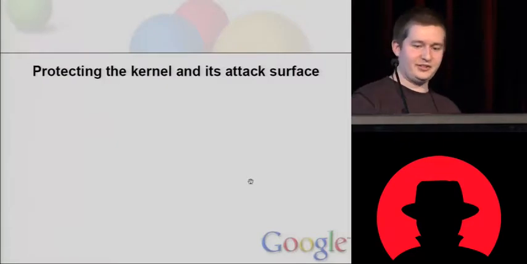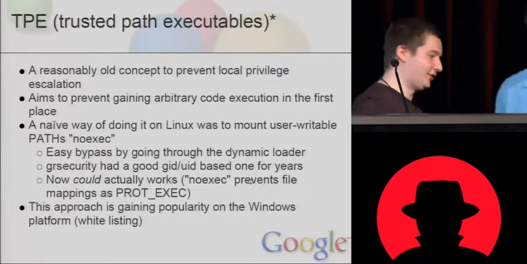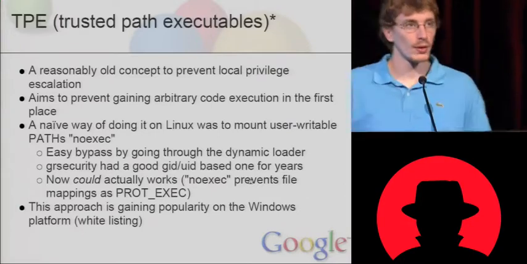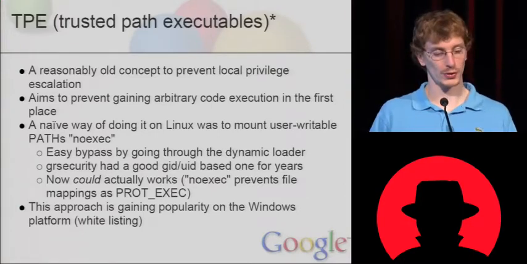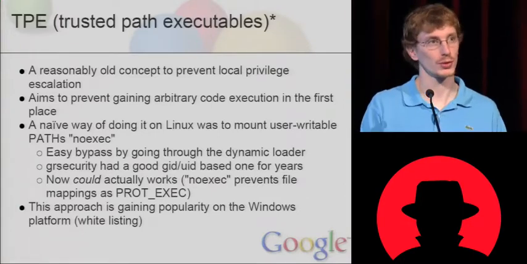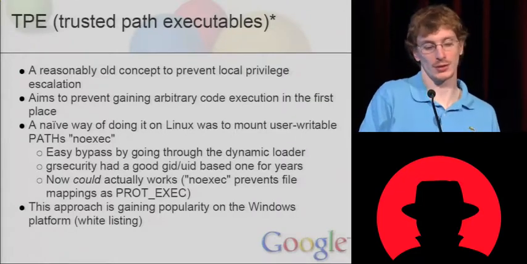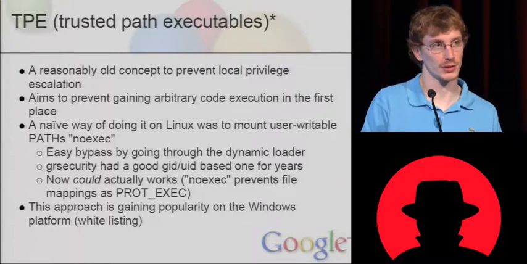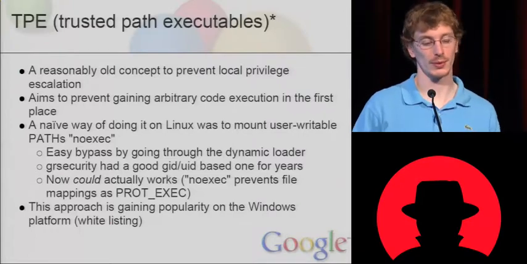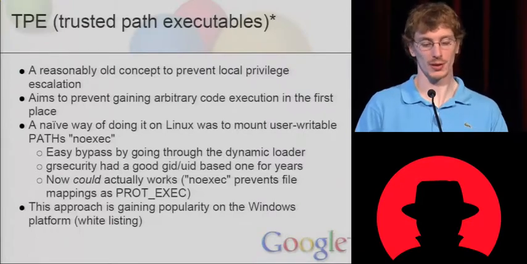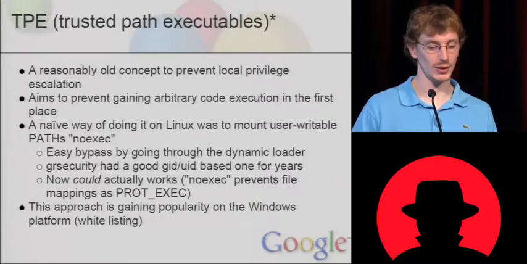So yeah, now we're going to talk about protecting the kernel from malicious userland code. One of the first ways that was quite popular to try and protect the kernel from malicious userland code was just having trusted path executables. The idea is just to have trusted executables only. It's reasonably old.